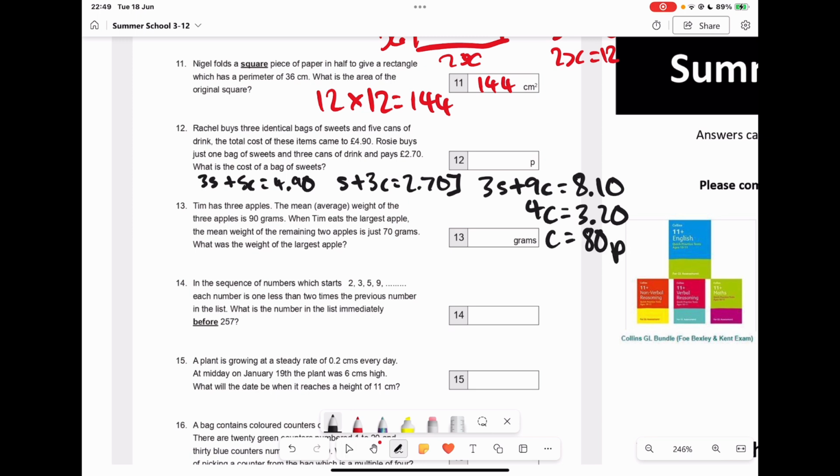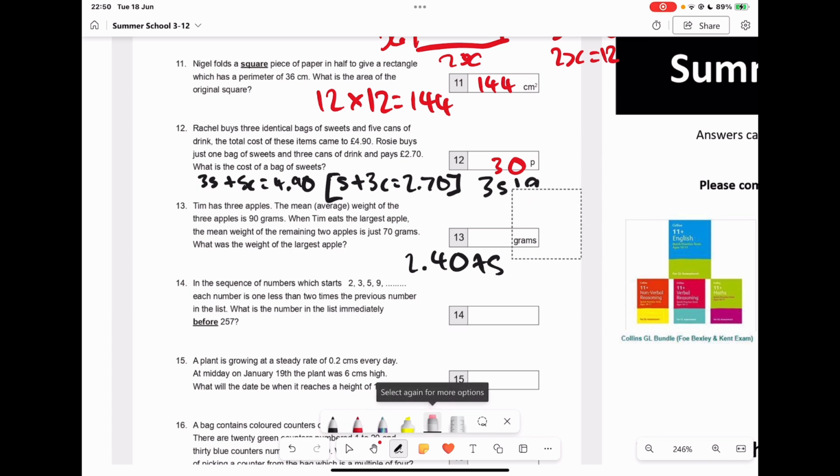And now that we know that, we can substitute it into what we know. So if 1 can is 80p, we can do 3 times the 80p, which is £2.40, and take this equation, and then we know that £2.40 plus the sweets is equal to £2.70, so 30p will be the answer. So the price of 1 bag of sweets is 30p.